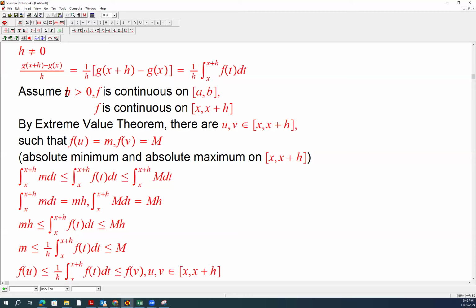As far as for H is negative, right? Then you say, well, we have only assumed H is positive. What if H is negative? If H is negative, we will have the interval changed just slightly.